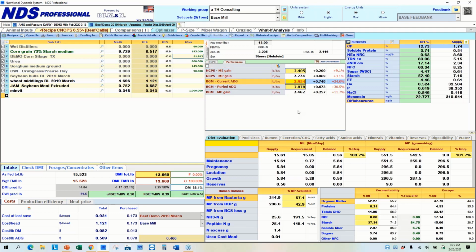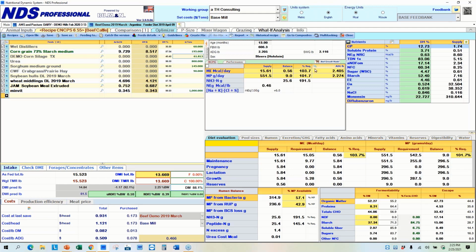So really the true idea is looking at the Cornell system, the megacalories a day going into average daily gain through the beef growth model. That's what I found has been giving the best values when you're doing high starch diets on backgrounding and pasture animals.